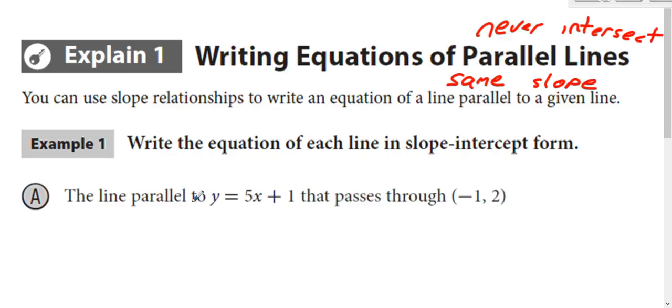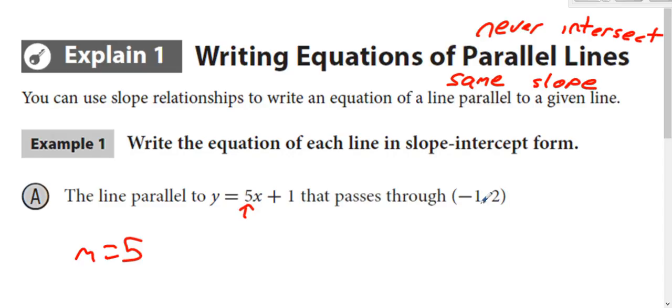So if we're going to be parallel to y equals 5x plus 1, it has to have the exact same slope as y equals 5x plus 1. So the slope here is 5. So the slope of the parallel line has to stay the same. It's got to be 5.